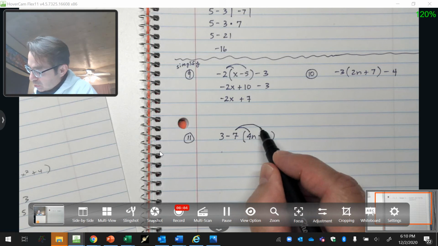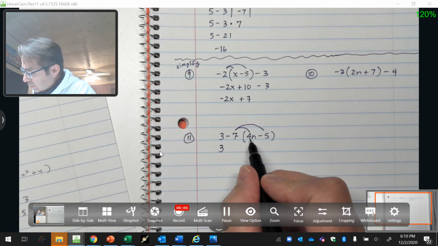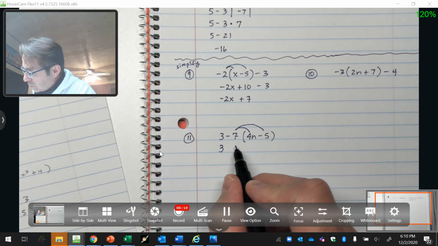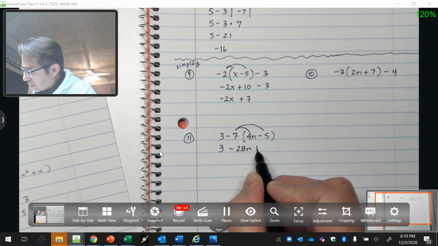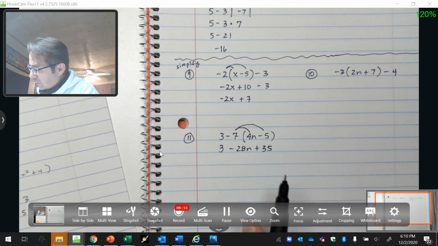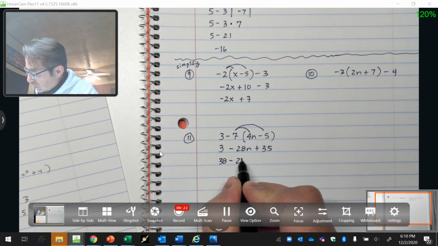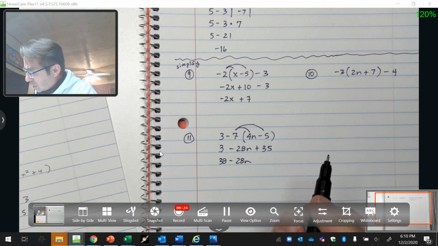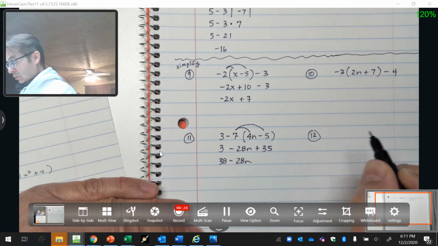And then distribute the negative 7 to that negative 5. Negative 7 times 4n is negative 28n. And negative 7 times negative 5 is positive 35. Combine like terms. And that's it.